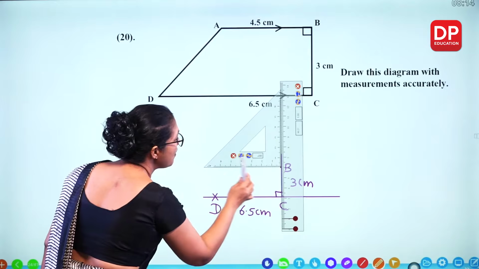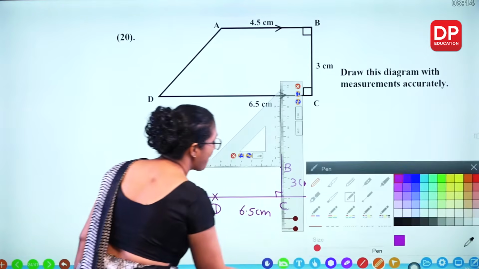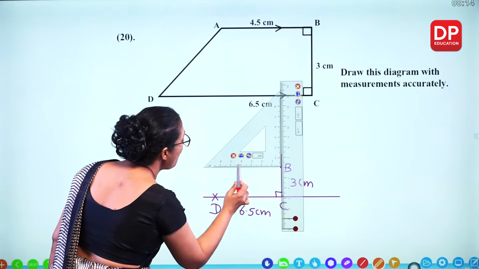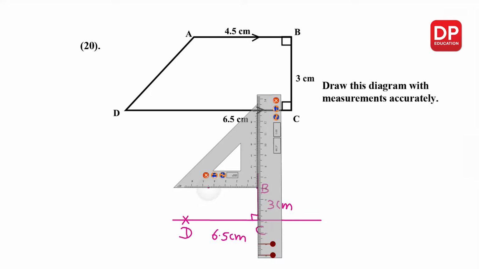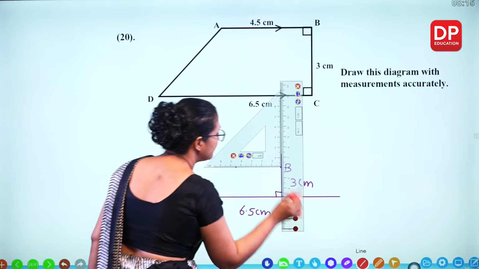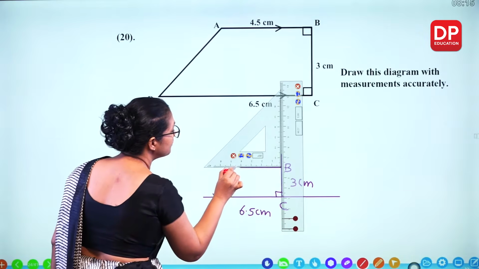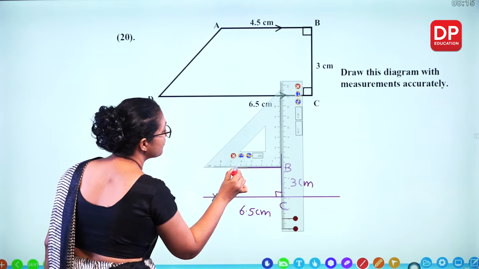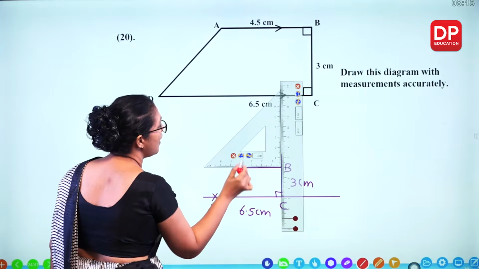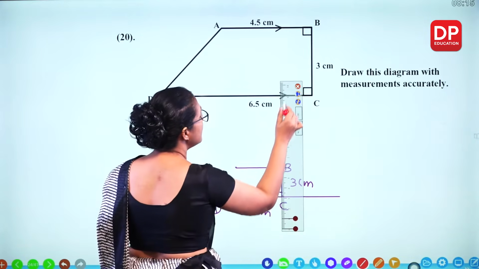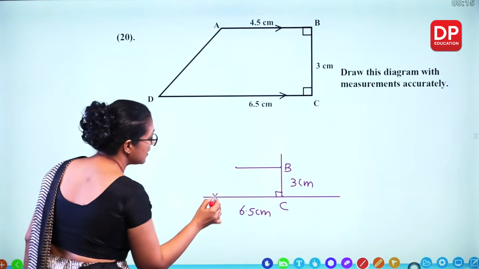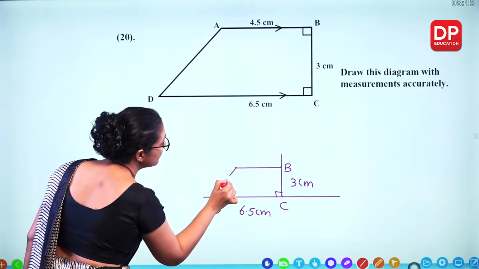So we can straight away measure 4.5. 4.5 is here. Point. Now we can connect it here to here, and then finally we can connect these two points.